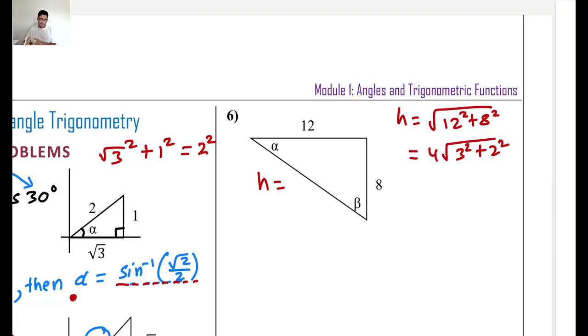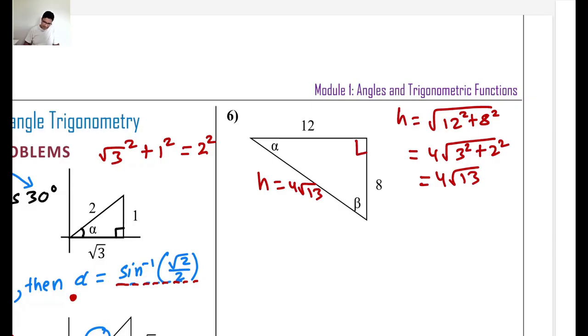So 4 square can be factored out and then it comes out of the root sign as 4. And you are left with 3 square and 2 square, which will be 9 plus 4, 13. So that is 4 under root 13. Even if you use a calculator, make sure your calculator gives you the answer in the radical form like that. The scientific calculator can do that. Don't write in decimals, that is important. So that is 4 root 13.